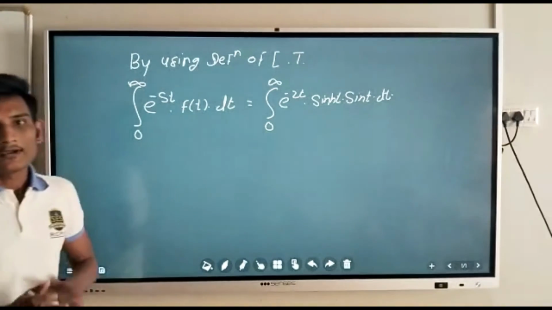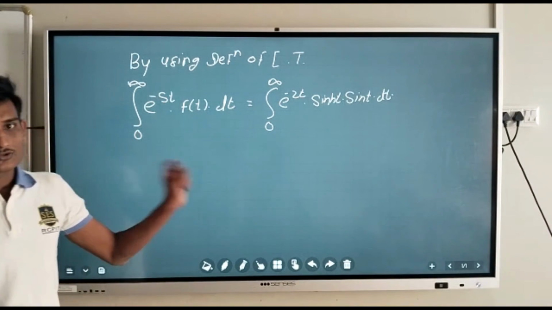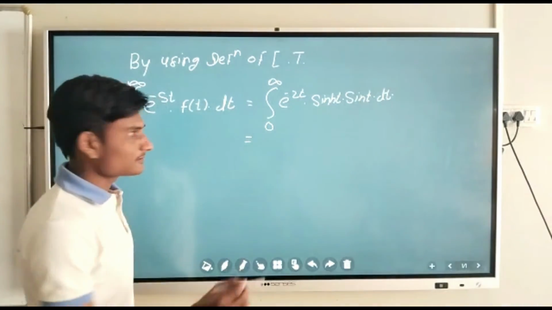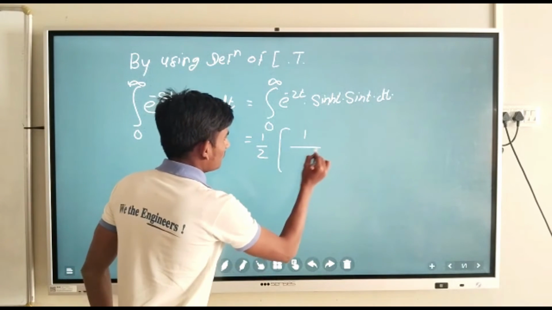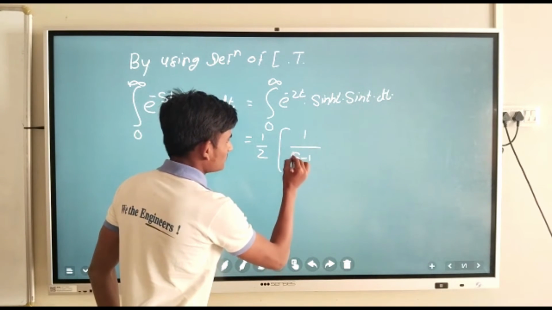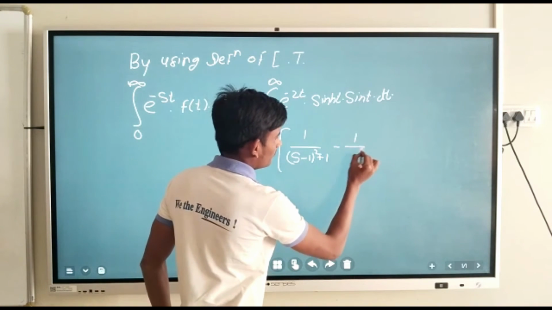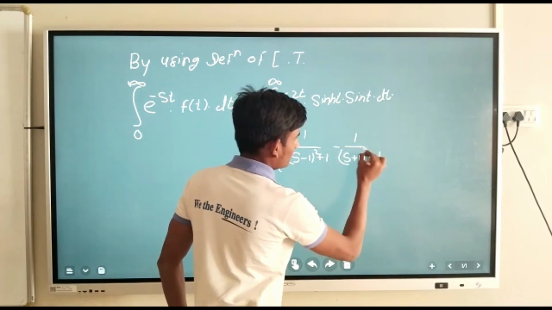So while comparing both the equations, we can replace s equal to 2 in our F of s. So our F of s is 1 by 2 in bracket 1 upon s minus 1 bracket square plus 1 minus 1 upon s plus 1 bracket square plus 1.